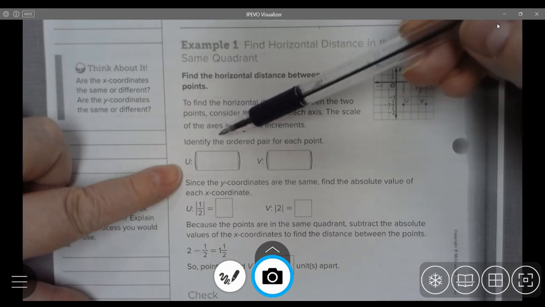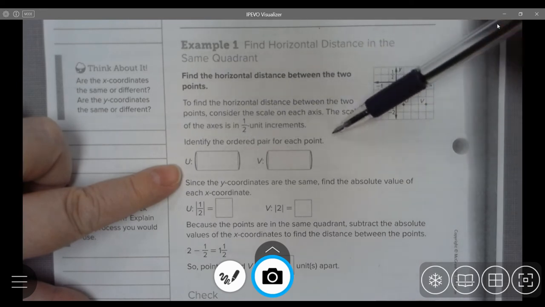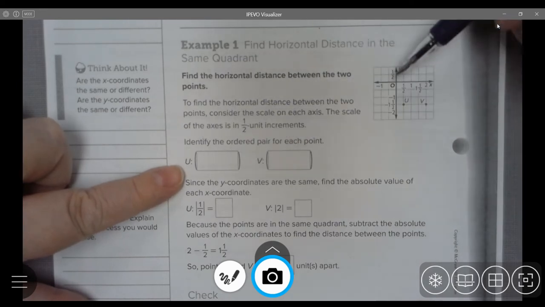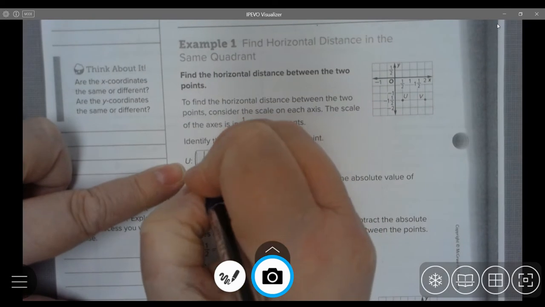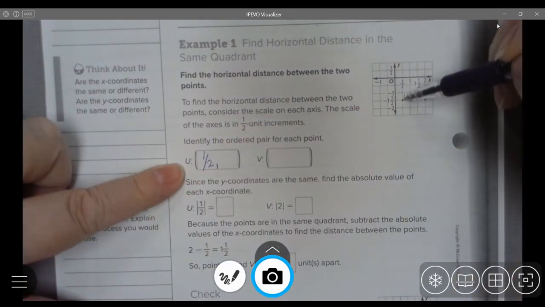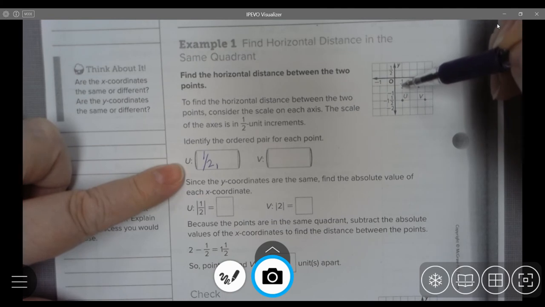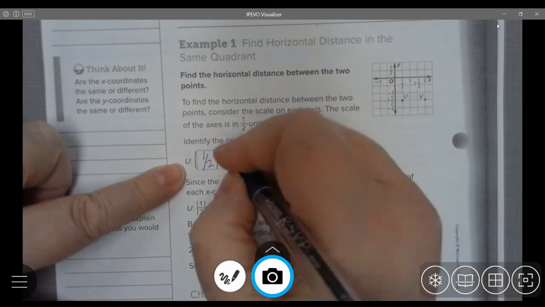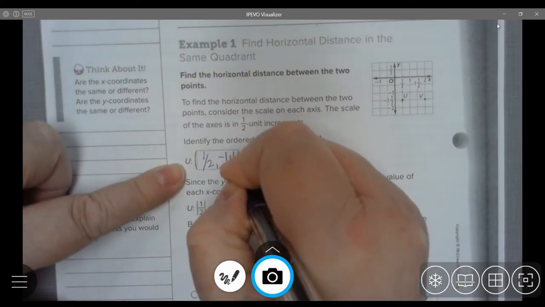It says identify the ordered pairs for each point. For U, I need to go over a half, so it's +1/2. And I'm going below 0: -1/2, -1, -1.5.